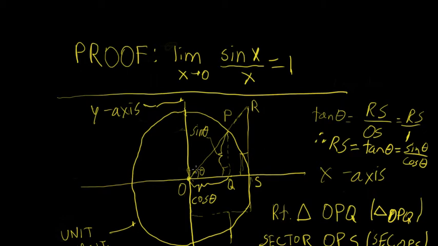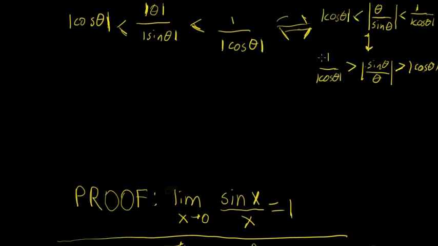When theta is approaching 0 from either the left or the right, so from negative values of theta, that would be somewhere here, this fourth quadrant, or from the right, positive values of theta, that would be in the first quadrant. Cosine of theta is positive in both quadrants, right? So if cosine of theta is positive, then the absolute value of cosine of theta is equal to cosine of theta.